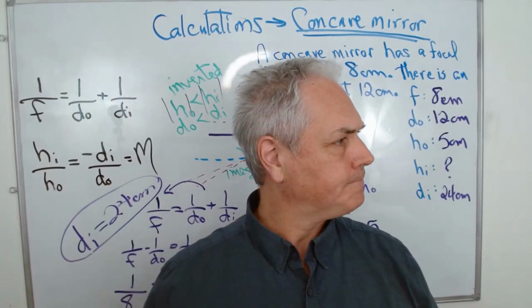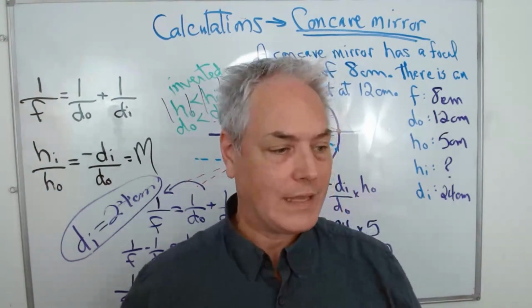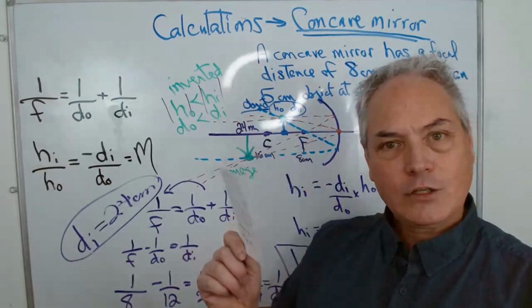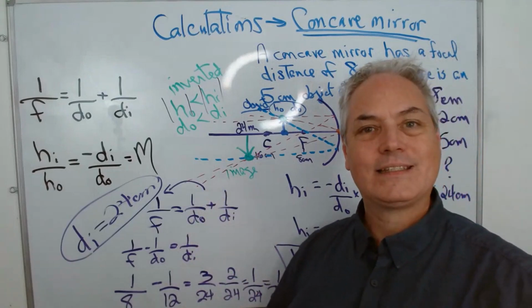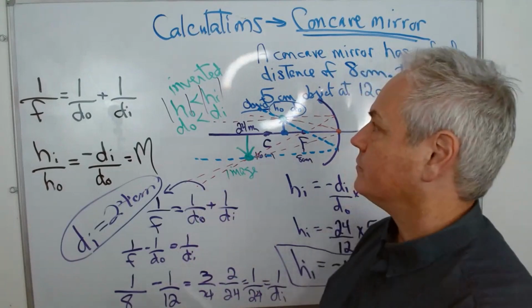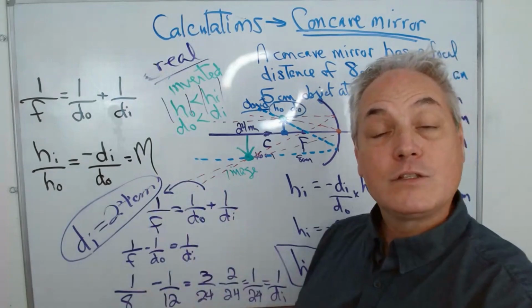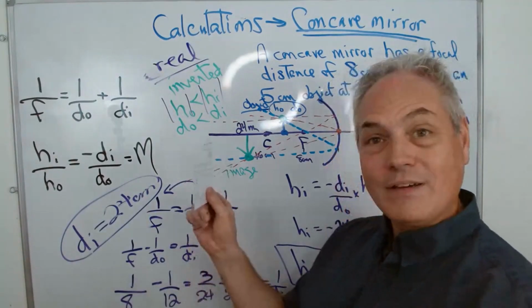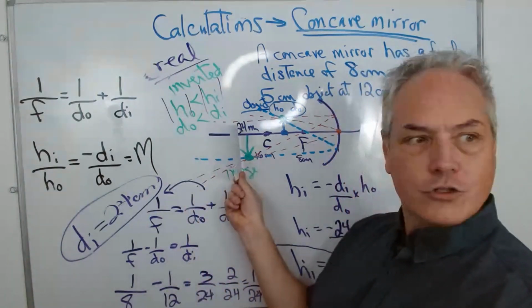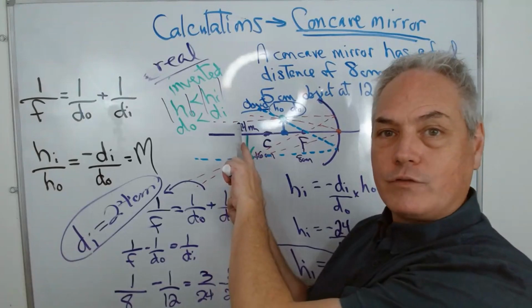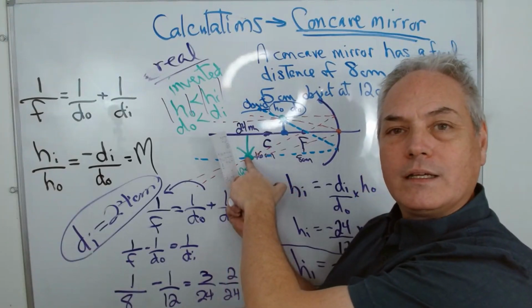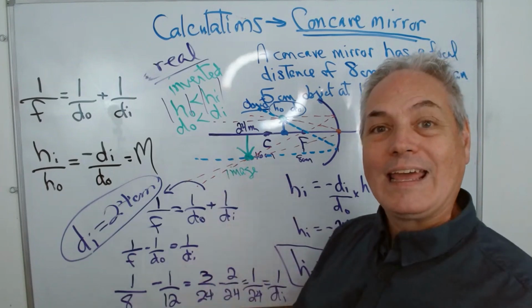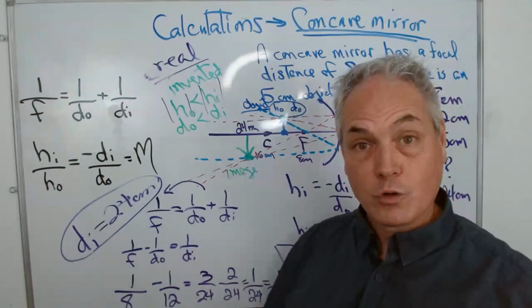There's something else: the type of image. If I am to take a screen, we could say that this image is a real image. The reason why it is a real image is that if I have a screen, I could actually project that image on that screen. That's the difference between a real image and a virtual image.